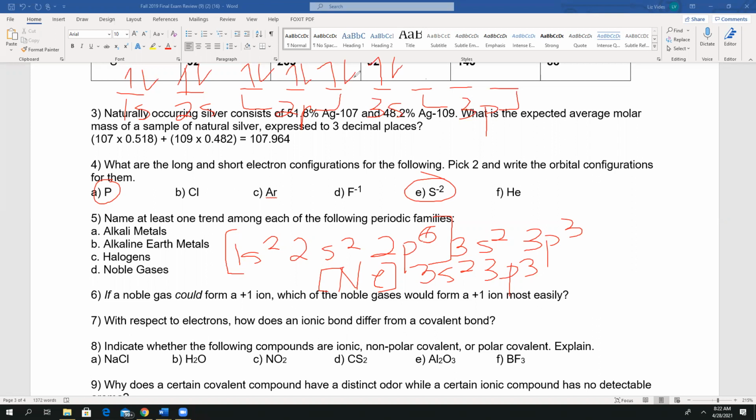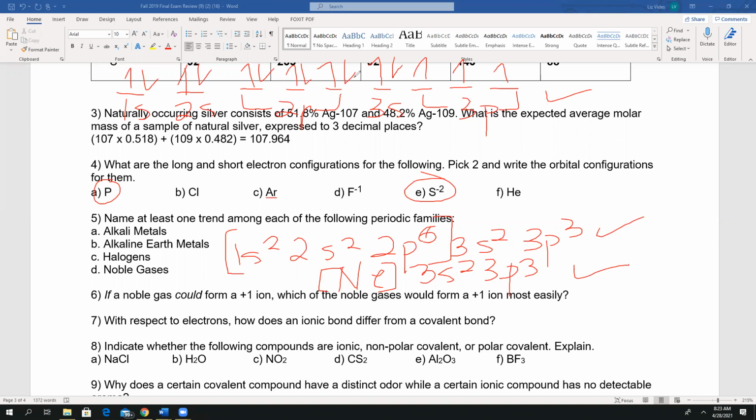And then this one, you have 3. 1, 2, 3, and that's it. There's your electron configuration for that one. So electron configuration long, electron configuration short, and orbital diagram for phosphorus.